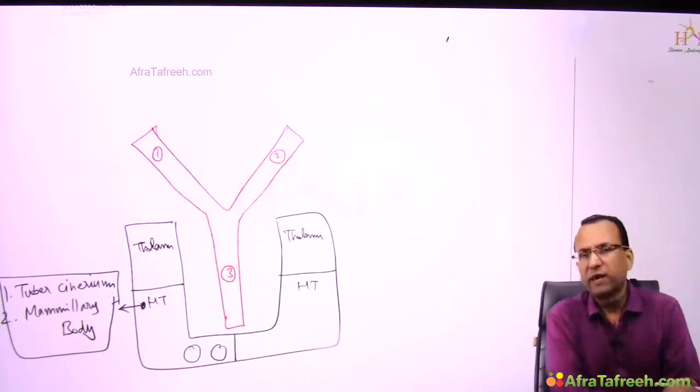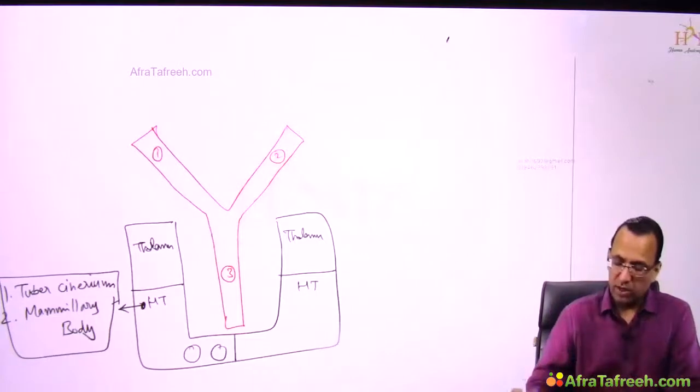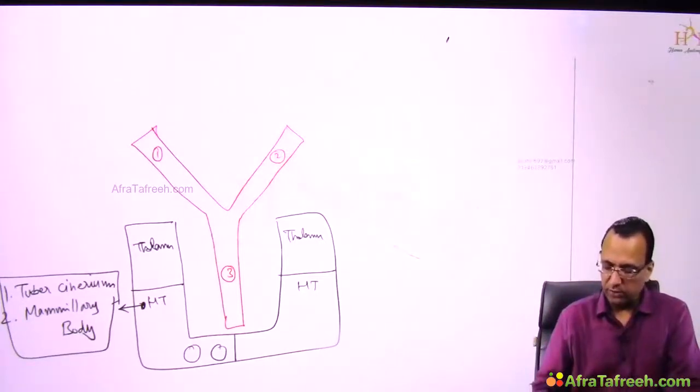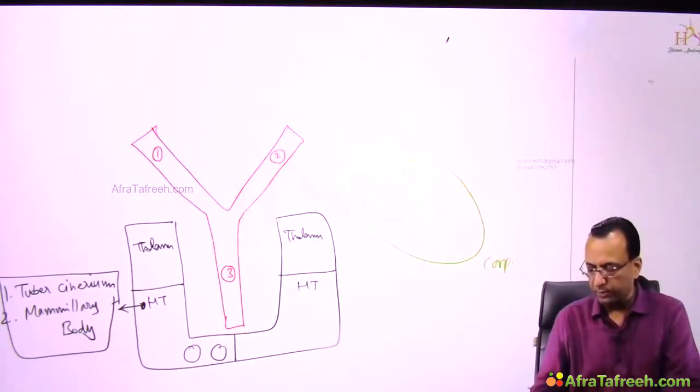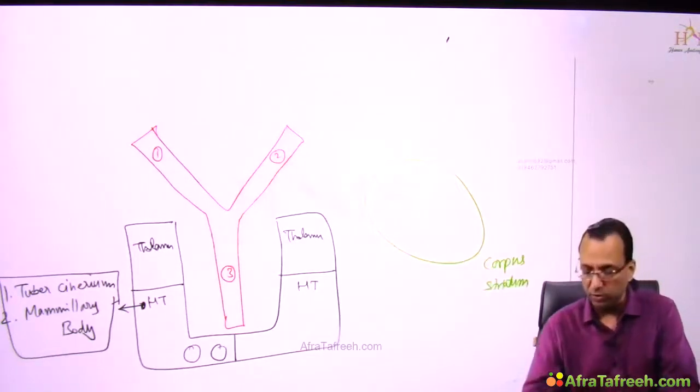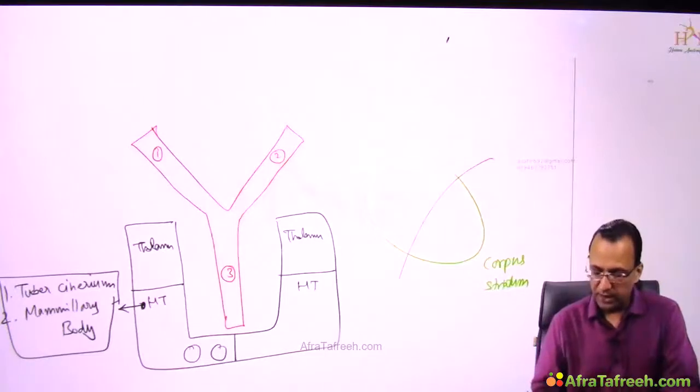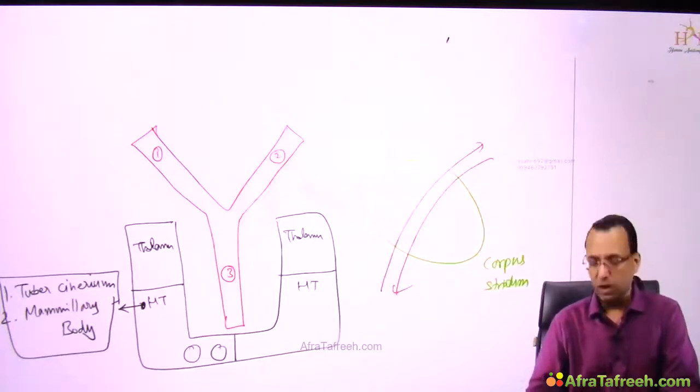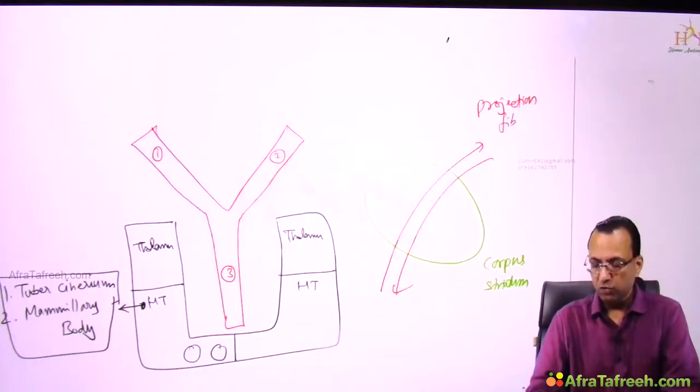Now, once you have that kind of orientation, fine. We are talking about the corpus striatum. What is happening to the corpus striatum? Actually, the corpus striatum, which is a part of the basal ganglia, was bisected by some axons running up and down. Those axons are called projection fibers because they project from the upper brain center to the lower brain center. Later, they will form the internal capsule.